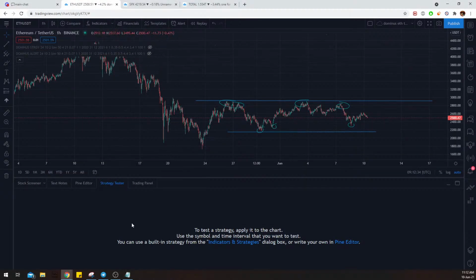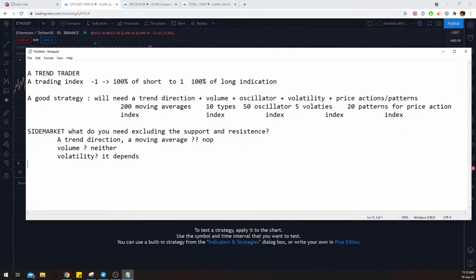So we have only one group left. In that case, it's going to be the oscillators. So these are going to be our key indicators for a side market.